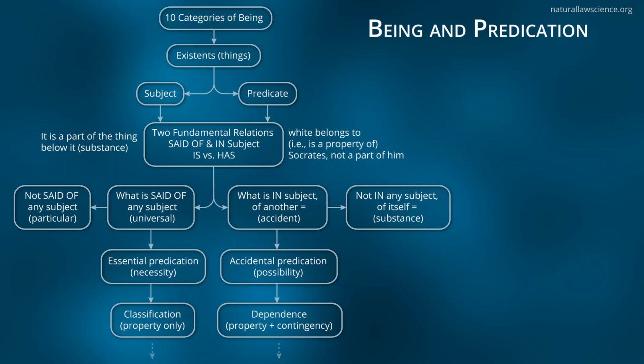If it's not in another, then it is and is said of another, which means it's a substance. And it becomes either a subject itself or it's predicated of a subject, even though it's not an accident. It's a substance. So this is accidental predication dealing with possibility versus essential predication, which was dealing with necessity.